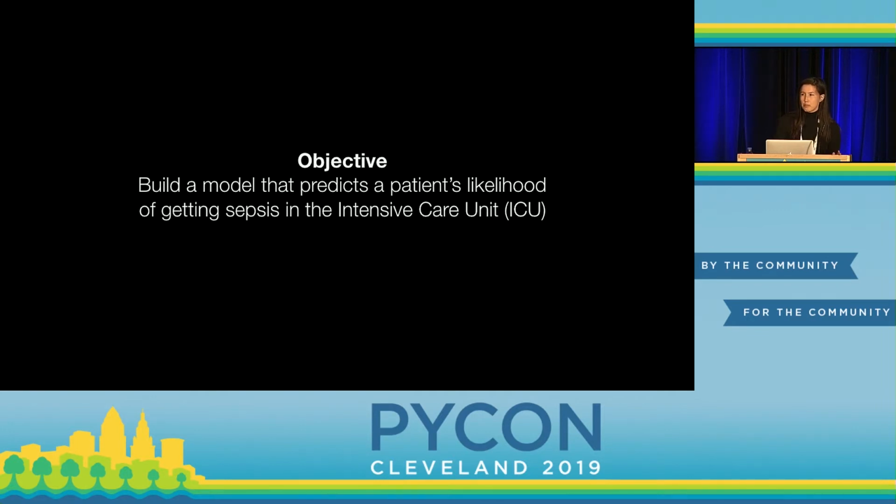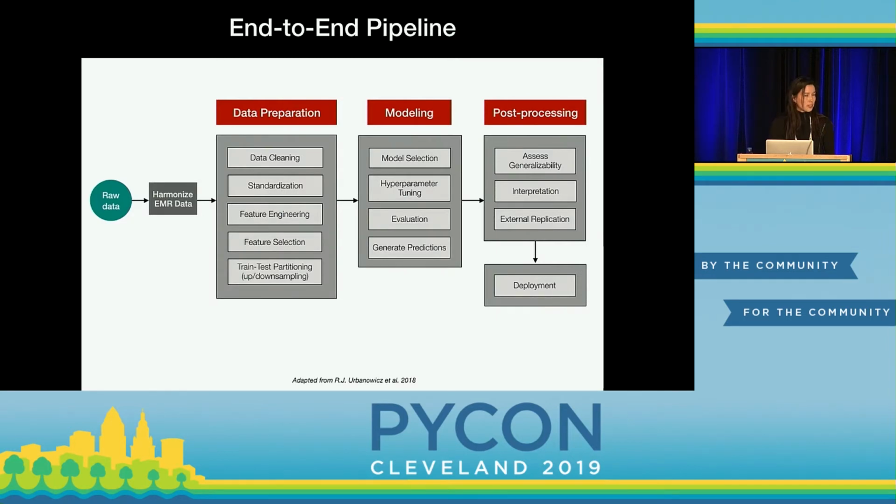If we can reliably identify which patients are at high risk versus low risk, the hope is that these clinicians can make more informed decisions in their practice. Here's a big picture view of our pipeline, which can be broken down into 3 parts. So we have data preparation, data modeling, and post-processing of results. A big part of this talk, though, will be focused on data pre-processing, since medical data is very messy.